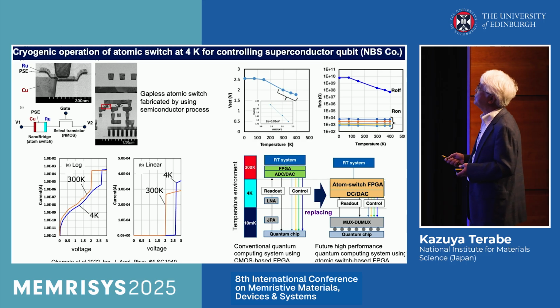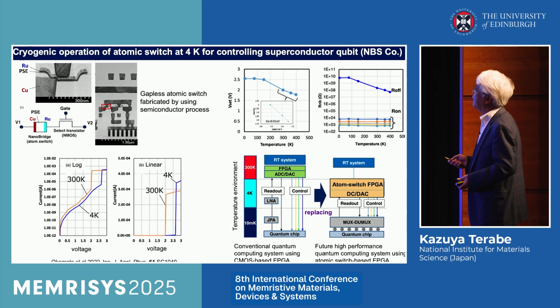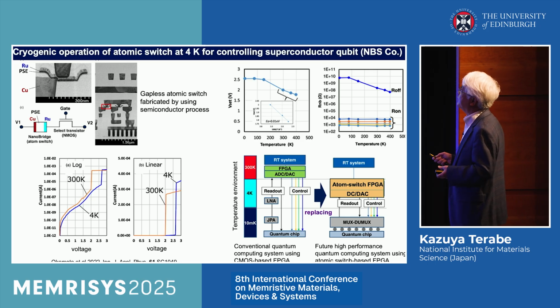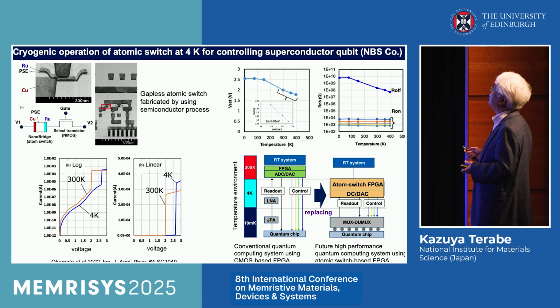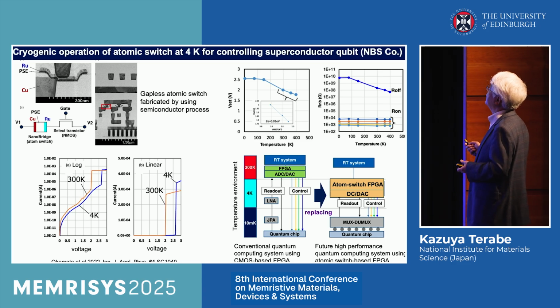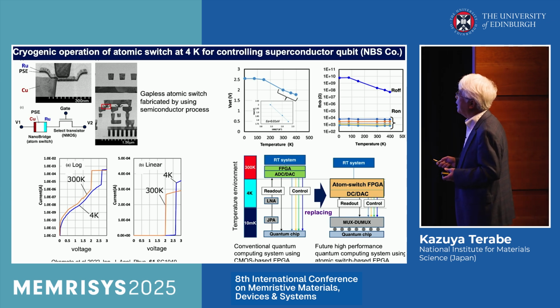So this is also examined in the very low temperature. This is a cryogenic operation of atomic switch at 4 Kelvin for controlling the superconductor qubit. This is NanoBridge system company. So this is atomic switch, gapless atomic switch.